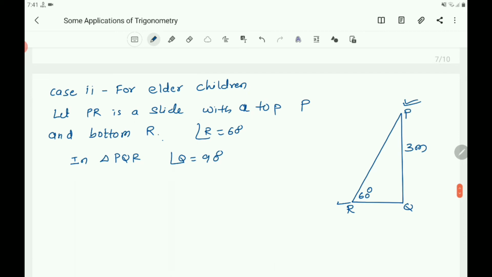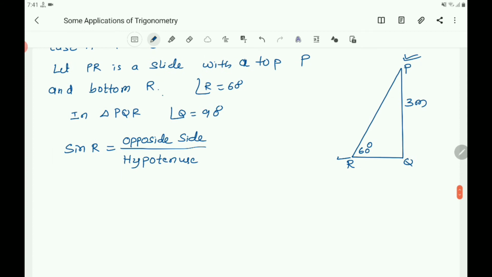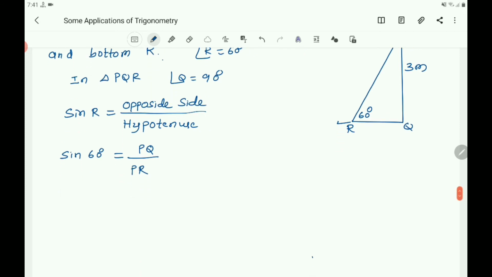Then you write sin R equals sin of the angle is opposite side by hypotenuse, the side opposite to the angle R divided by the hypotenuse. And angle R measures 60 degree. So sin 60 degree equals opposite side PQ by PR.